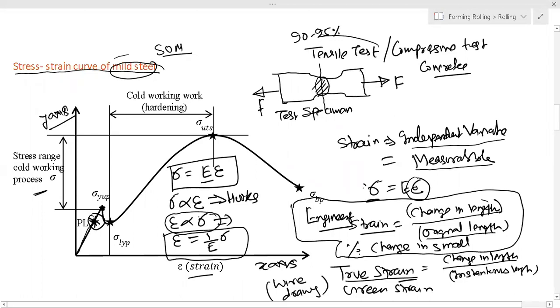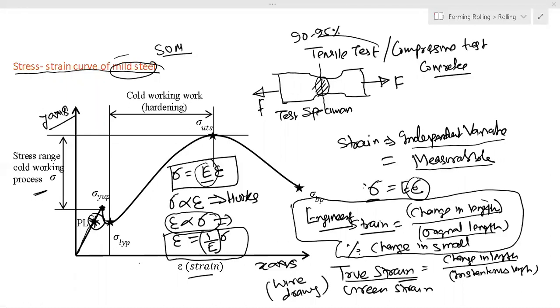You have three moduli: modulus of elasticity, modulus of rigidity, and bulk modulus. When stress is proportional to strain, that is Hooke's law, and the constant of proportionality E is the modulus of elasticity. We can also say that strain is proportional to stress, but the constant will be 1 by E. Sometimes in an interview they ask you, what is Hooke's law?